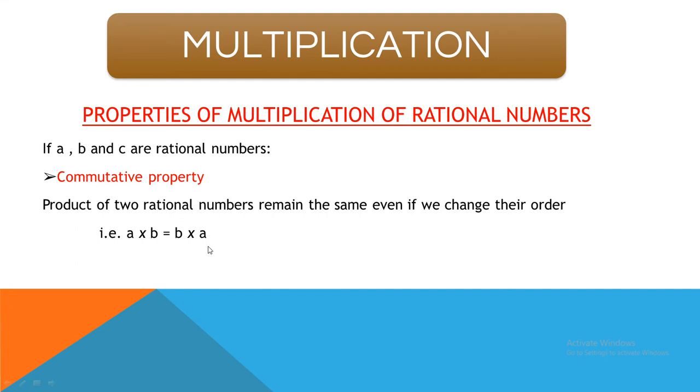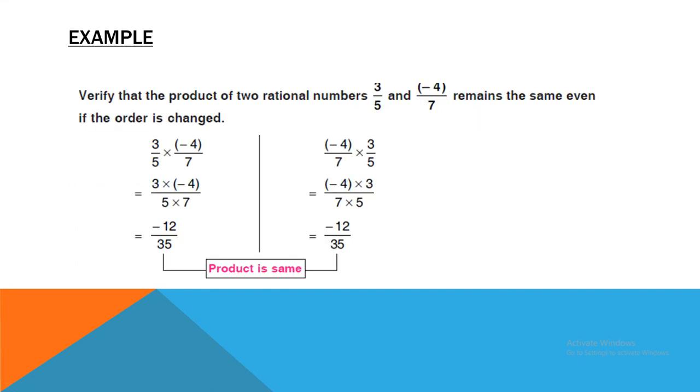Let's do one question for this. Verify that the product of two rational numbers 3 upon 5 and minus 4 upon 7 remains the same even if we change the order. So on one side, 3 upon 5 times minus 4 upon 7, and on the second side we change the order: we write first minus 4 upon 7, then 3 upon 5.